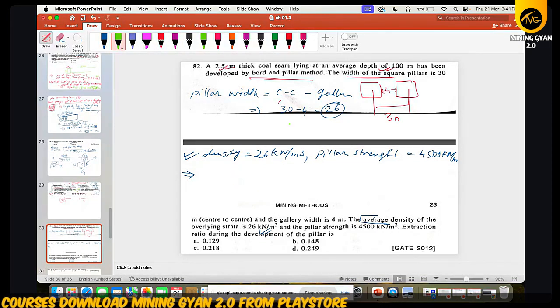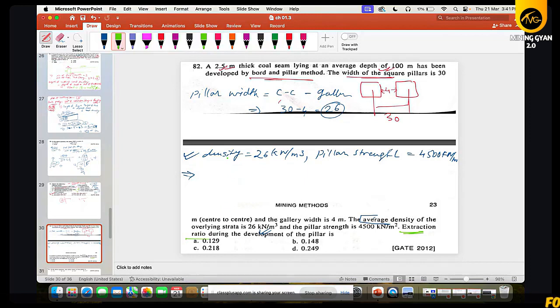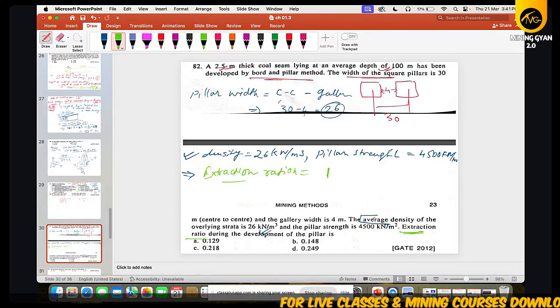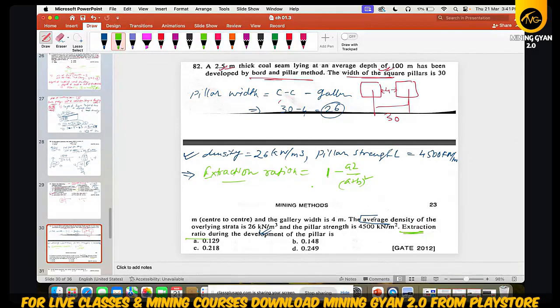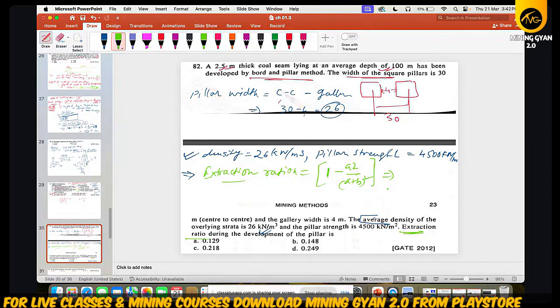So in this question they have said I have to calculate the extraction ratio. I have already mentioned in the last classes what the formula is. If they ask for the extraction ratio, the formula is this. If they ask for the percentage of extraction, I will multiply by 100.